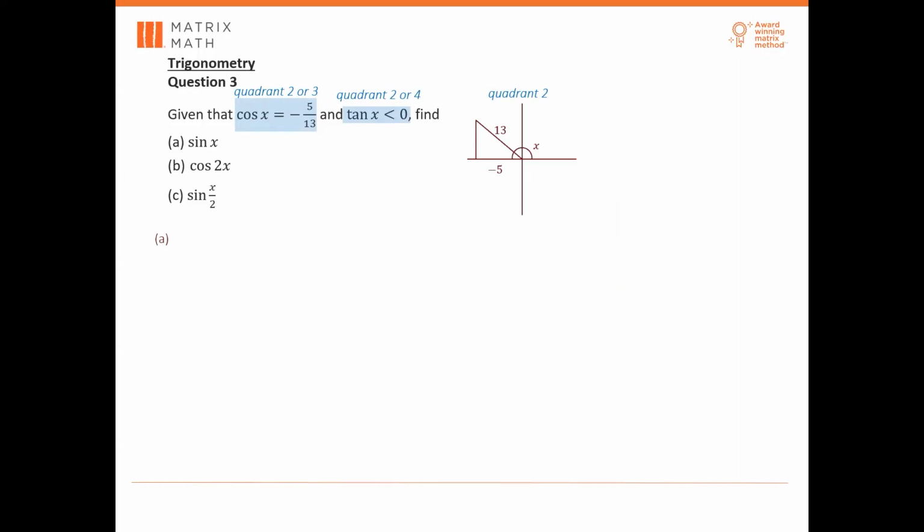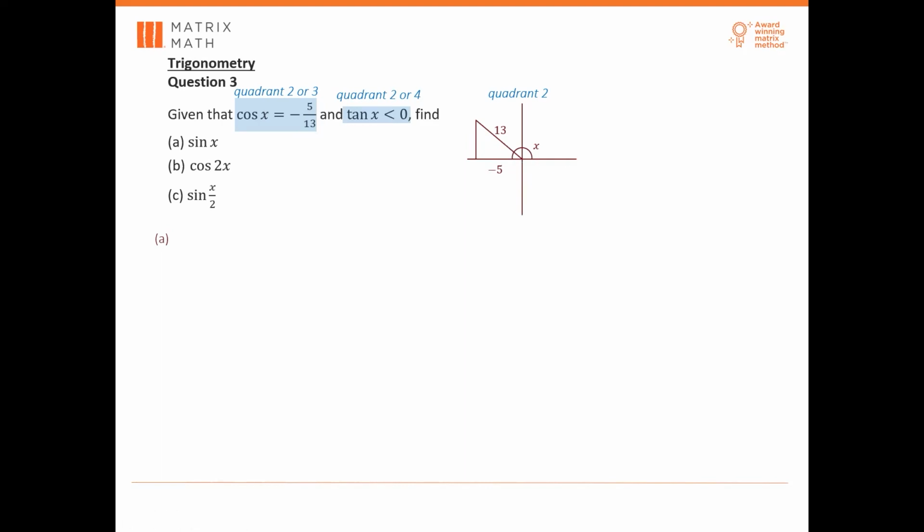Okay, so we established that it will be the second quadrant. So what you want to do is draw a triangle like this, okay? Once you draw a triangle like this, cosine x is 5 over 13 with a negative sign. Cosine is adjacent over hypotenuse. Now, you can treat this quadrant like axes on a graph paper.